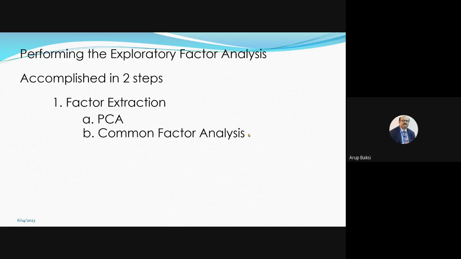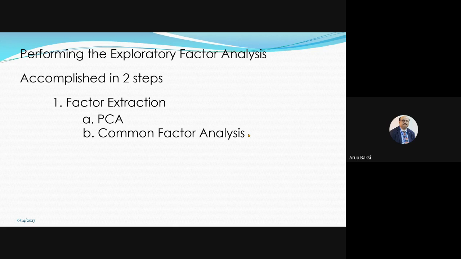Now, in case of a common factor analysis, the partitioning of the variance differs from the PCA, because in PCA the total variance is equivalent to the common variance. Both methods, PCA and common factor analysis, try to reduce the dimensionality of the data set down to fewer unobserved variables.